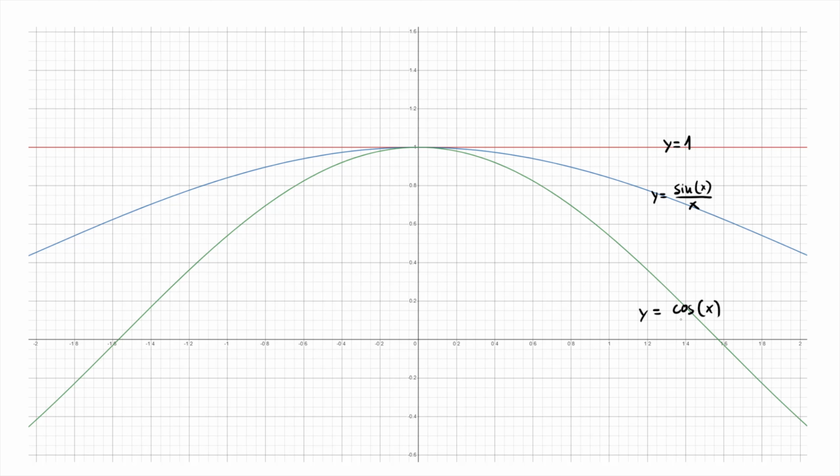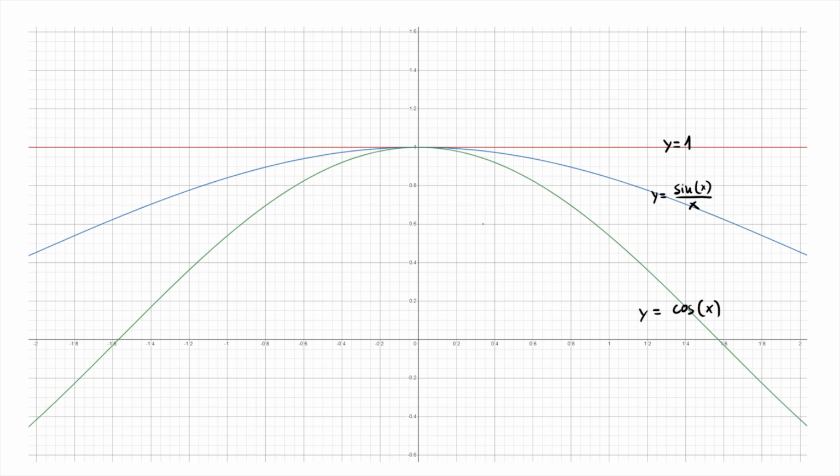Basically what we're saying is that since the limit of y equals cosine x exists and we can find it, and the limit of y equals 1 exists and we can find it, and since these two functions are sandwiching our function sine x over x in between them, then whatever the limits of those two functions are, so long as they're the same limit, again, that's important, then the function that's in the middle that's being squeezed by them also will have the same limit.